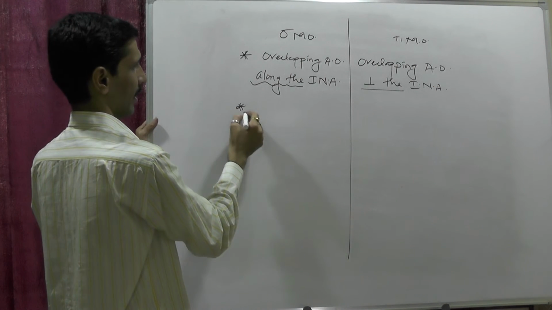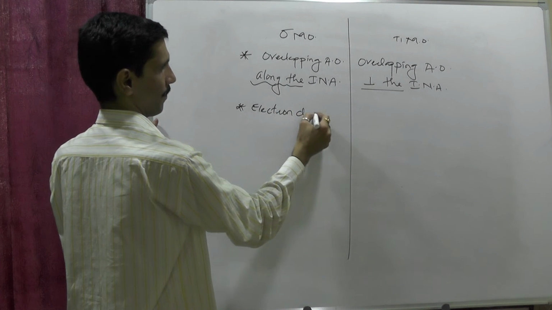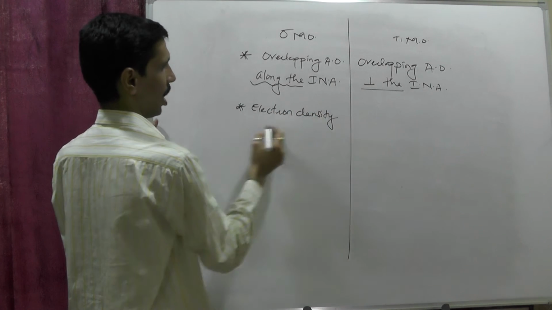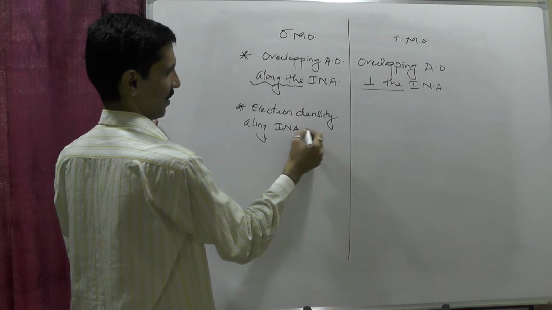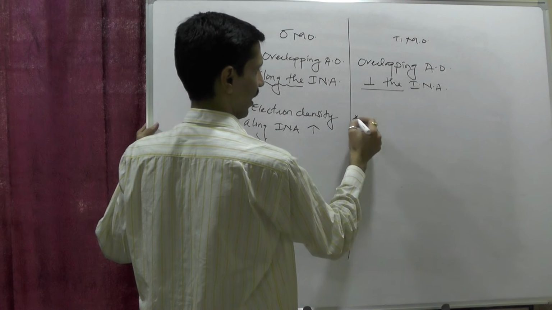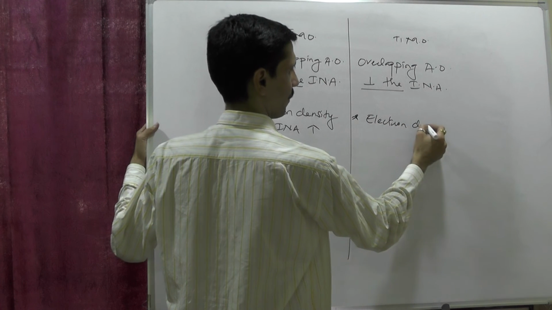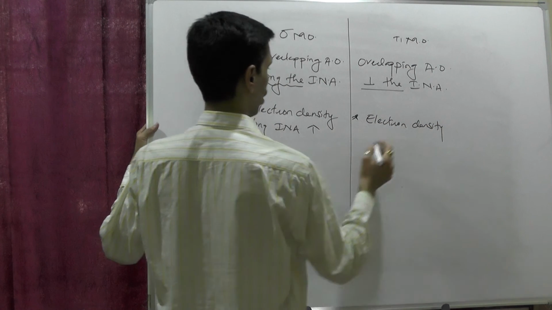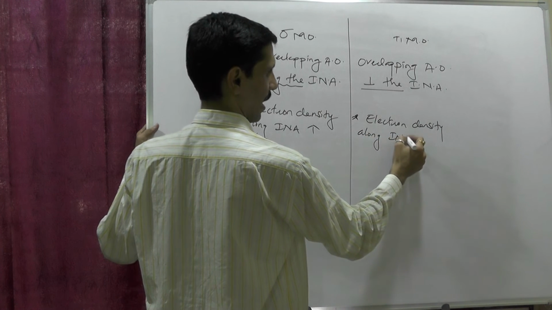Second point: the electron density along the internuclear axis is going to be high in sigma. Whereas in pi molecular orbitals, the electron density along the internuclear axis is going to be nil.